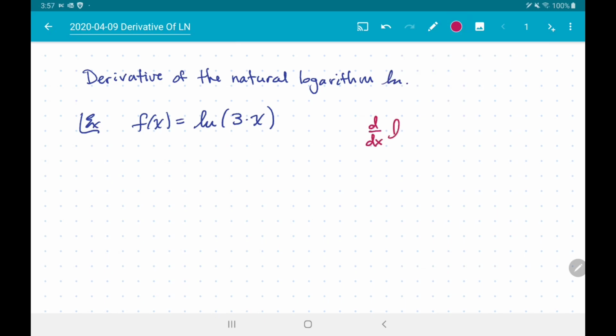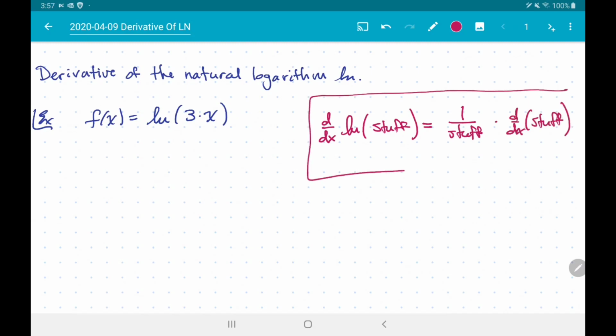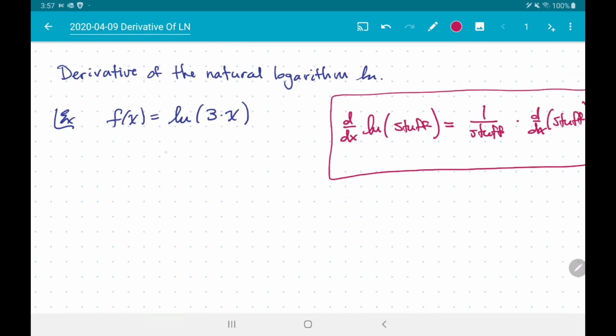Derivative with respect to x of ln, I'll write it out in words. Ln of stuff is 1 over the stuff times the derivative of the stuff. Okay, so looking at this equation, f of x equals ln of 3 times x, first thing to notice is the ln is the outermost operation.